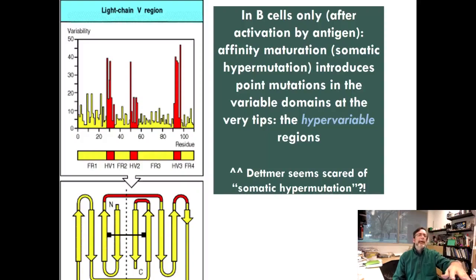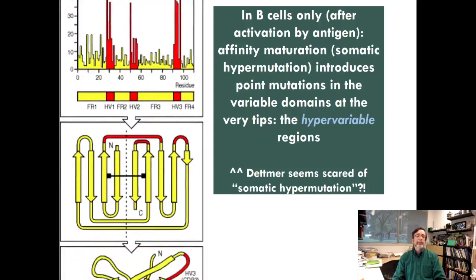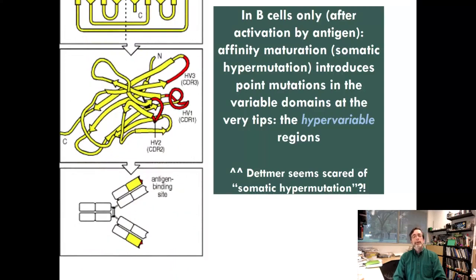And so you have this somatic hypermutation that increases the variability at these particular, like 10 amino acid sequences, and they're called highly variable regions. In the V region, you have 3 of those, and if you map them out, they don't map out onto the beta strands or the middle of the protein, they map out into the very tips. And so they must be there to increase the fit of the antibody to the antigen.